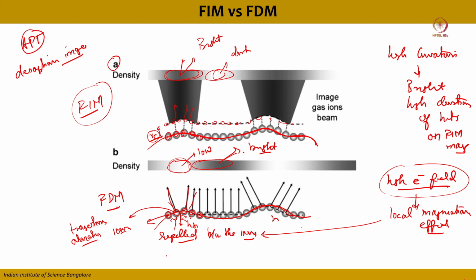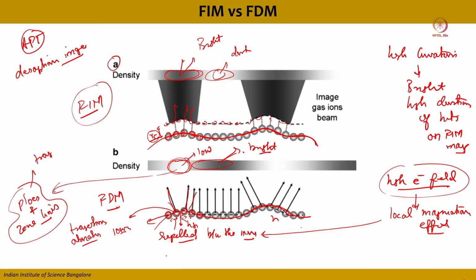Usually these low density regions are related to the poles and zone lines. This is due directly to the trajectory aberrations.